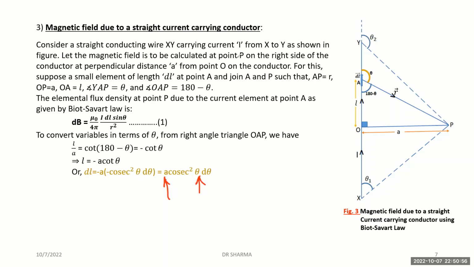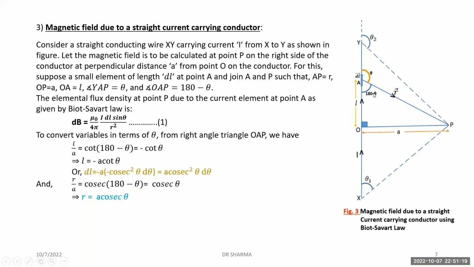Next, let us convert the variable r in terms of constant a and theta. Again, from the right angle triangle OAP, r upon a is hypotenuse by perpendicular, that is cosec theta.